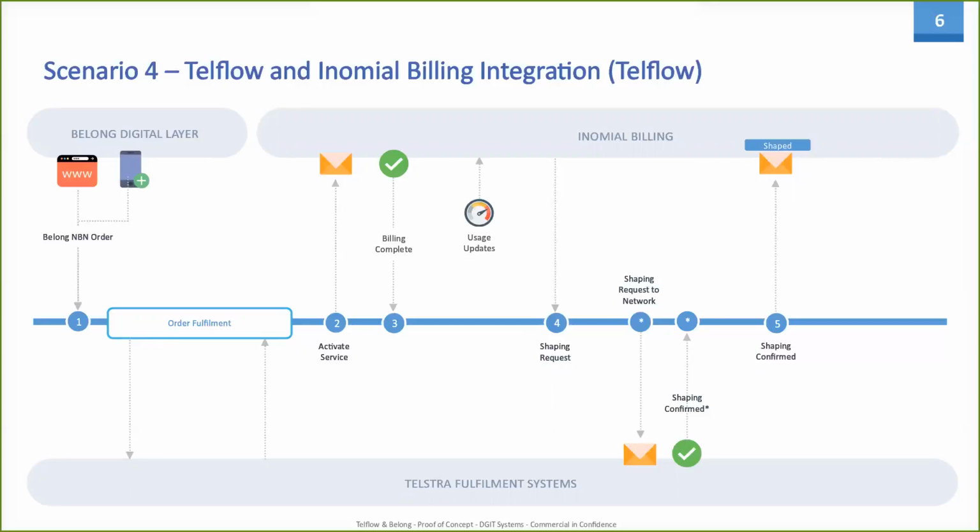At the completion of the fulfillment, Telflow will then notify Inomial that the order is complete and fulfilled, and you can start billing now. That will set up a subscription within Inomial billing, and Inomial will send a response back to Telflow saying billing is ready.